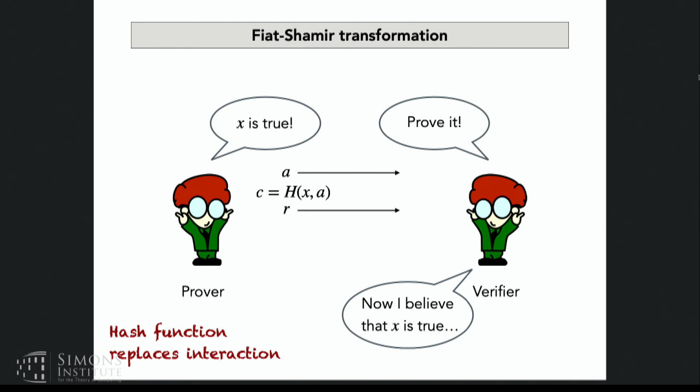Now the intractability of H should ensure that the only way for the prover to come up with a pair A and C that is consistent with the hash function is by first choosing A, then inputting it into the hash function and obtaining C. We will talk about the security of this later.